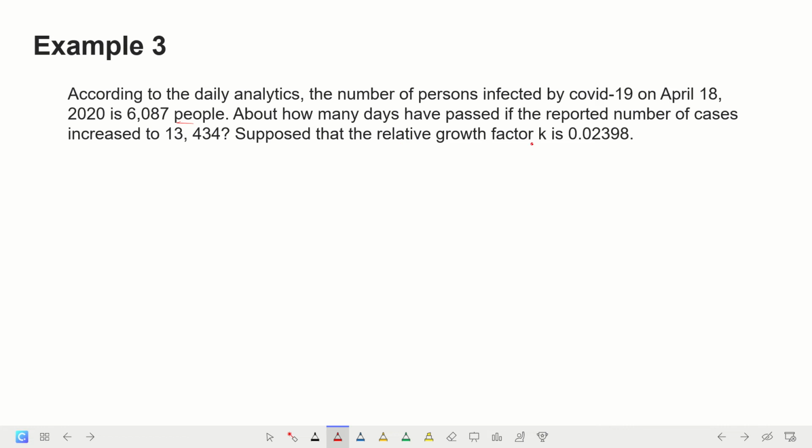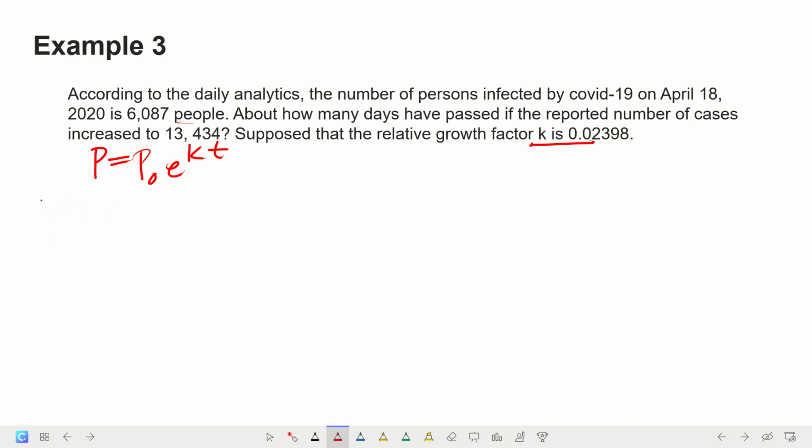Since we are given a relative growth rate, K, we use P is equal to P sub O times e raised to K times t. Since it is increasing, we use positive K times t.